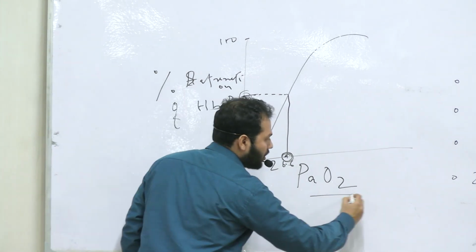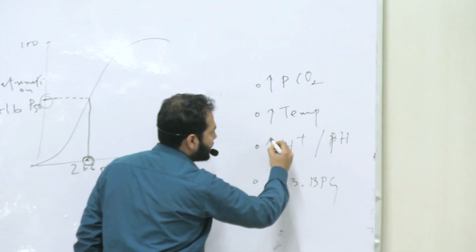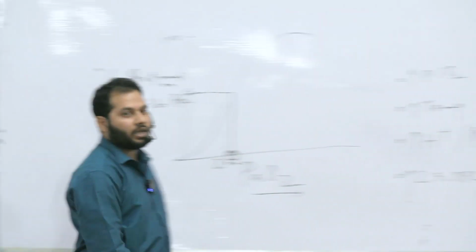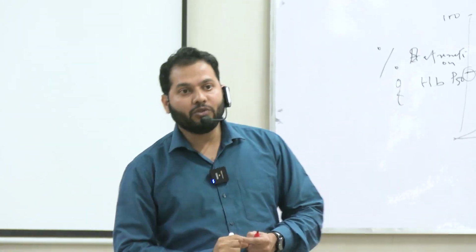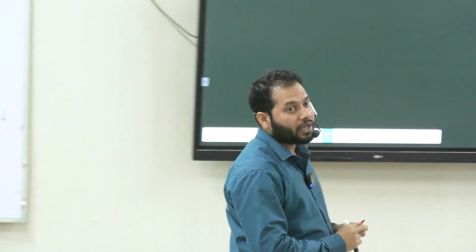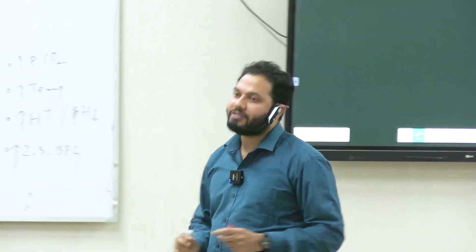Now the condition is an increase of all those factors, which affects the hemoglobin structure. If you see the relationship of carbon dioxide with hemoglobin and oxygen with hemoglobin, you will find a difference.